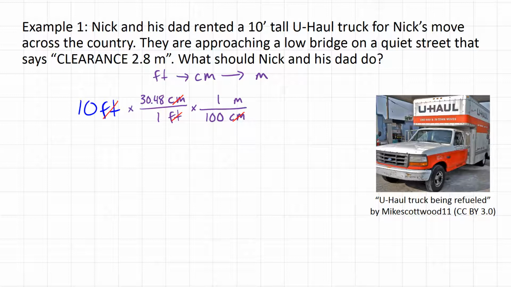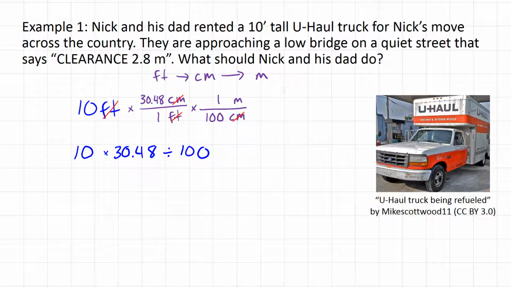So now we have 10 times 30.48 over 1 times a fraction of 1 over 100. So this actually has a mix of multiplication and division: 10 times 30.48 divided by 100.